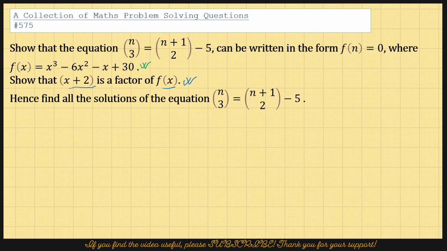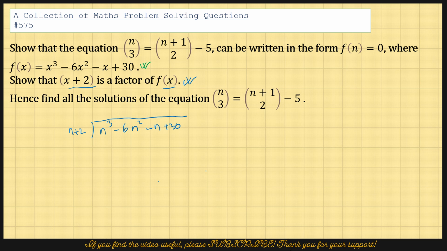If we are to do n plus 2, we have to divide this entire expression, n cubed minus 6n squared minus n plus 30, and if I'm going to divide this by n plus 2, so how am I to do that?